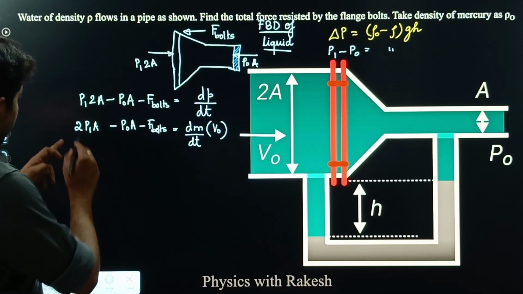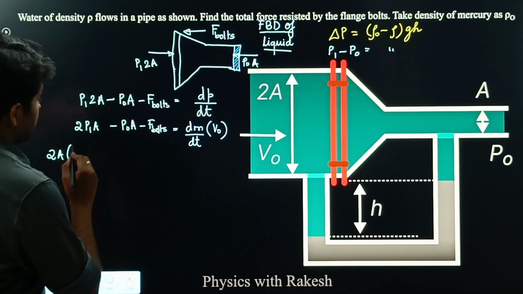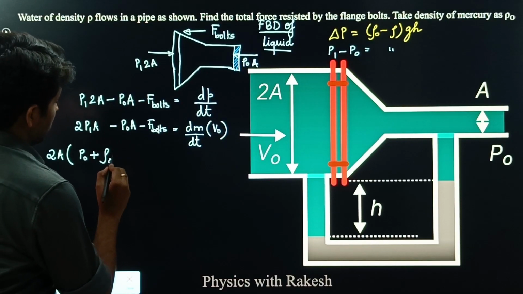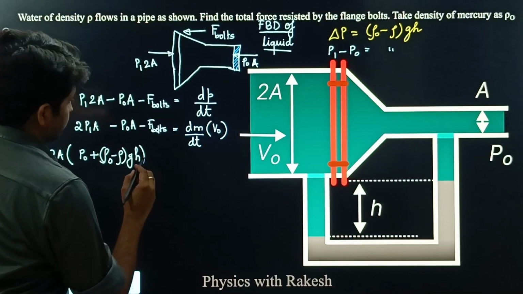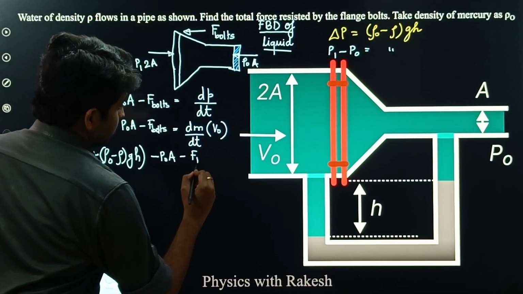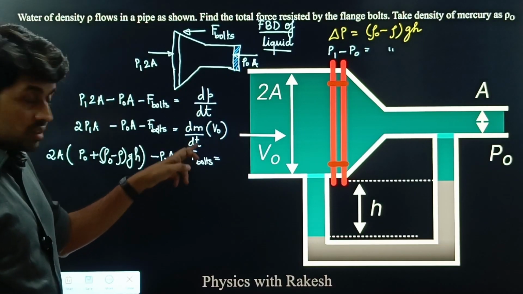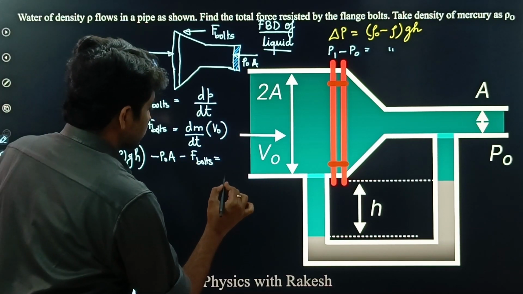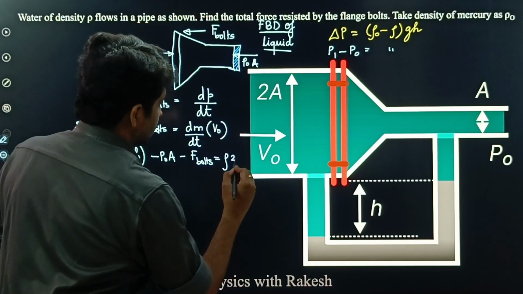So I can directly write my P1 here as 2A times P0 plus rho naught minus rho g into h, minus P0 A minus F due to bolts equals mass flow rate, rho into area into velocity. I'll take the area as 2A, because we know the velocity here.